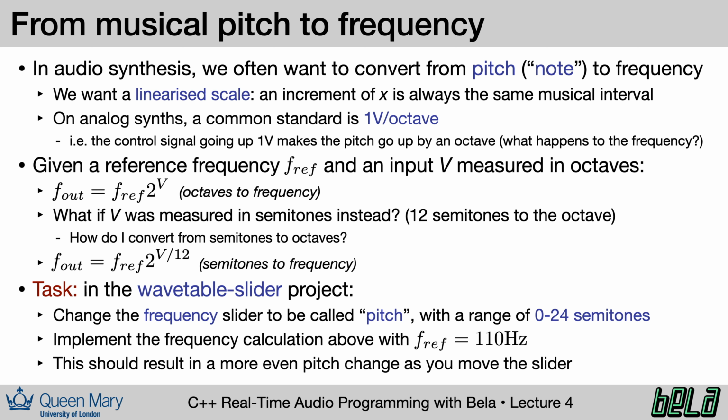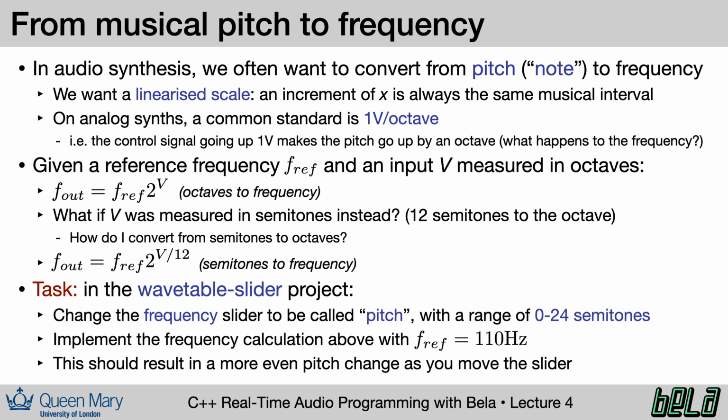Now see if you can implement this equation into the wavetable slider project. The idea here is to change the frequency slider so that instead of giving you the value directly in Hertz, it's going to give you a value in semitones. And let's take a range of 0 to 24 semitones. This is going to represent an interval above a reference frequency of 110 Hertz, which is 2 octaves below A440.